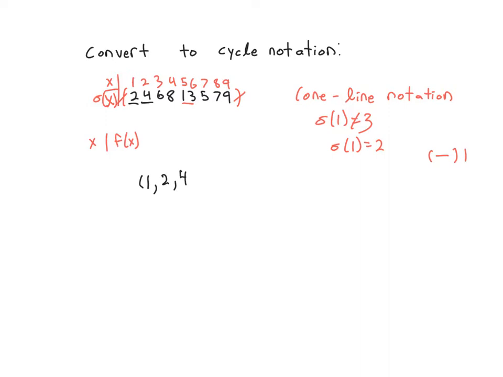One more down. So there's 4 as a y-coordinate. Now what happens when 4 is an x-coordinate? What is the corresponding y-coordinate? It is 8. All right then. What happens when x is 8? Well, sigma of x is 7.